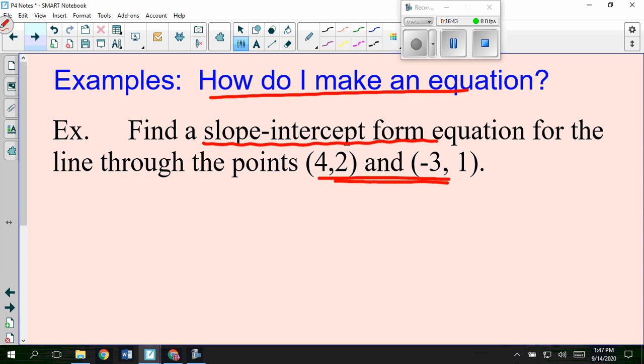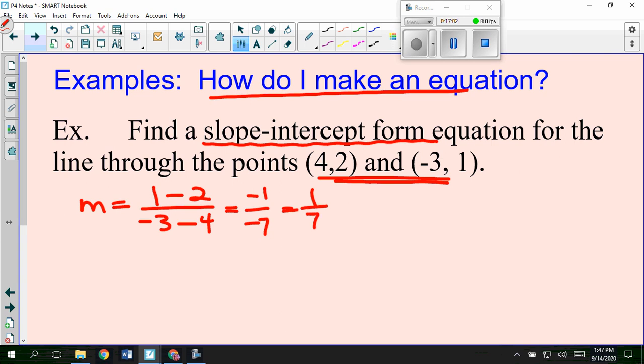I know that I can find the slope between 2 points, because I already had that quick lesson. So I'm going to go y2 minus y1 over x2 minus x1. In this problem, I have a -1 divided by a -7, or a slope of 1/7.